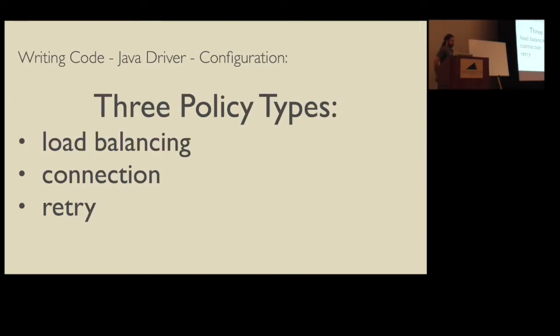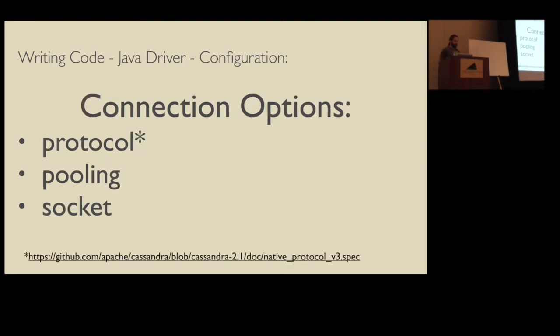The policies have to do with load balancing, what kind of load balancing algorithm you want to use, what type of connection mechanics you want to set up, compression, and the retry logic. Connection options specifically are protocol level, like Nagle's algorithm, that type of socket setup, pooling, and socket structure.